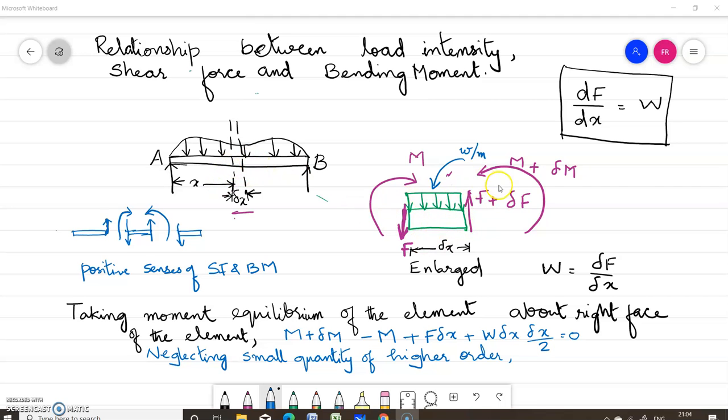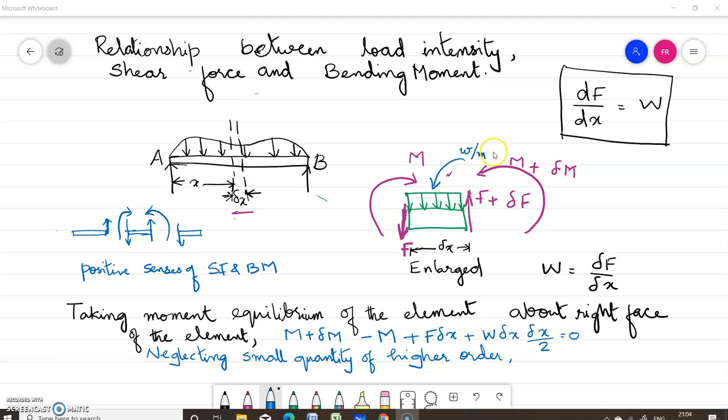So what are the forces acting here? Let F be the shear force acting on the left portion of this elemental length. After the elemental distance delta x, let the shear force increase by delta F, so let us take this equal to F plus delta F. Let M be the moment on the left portion of the section.